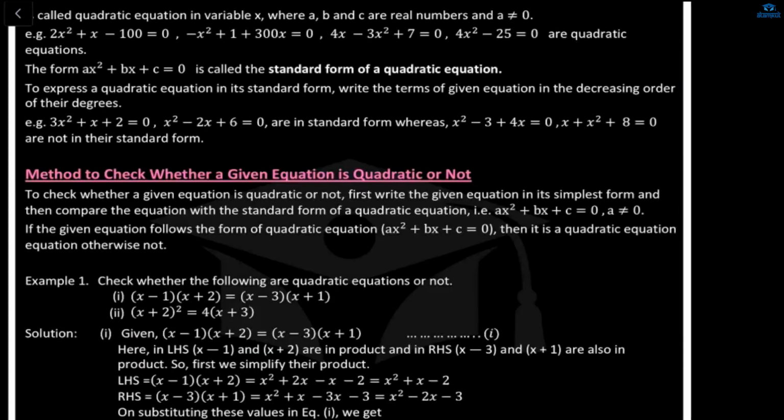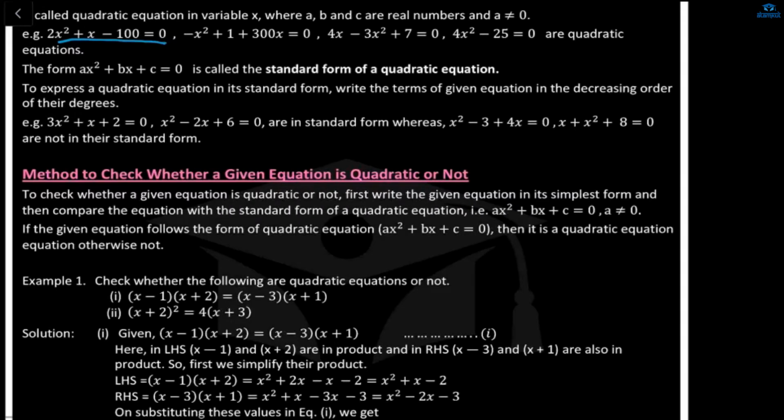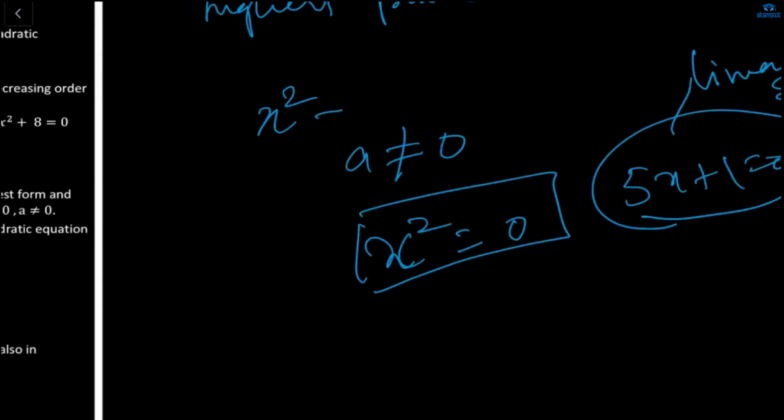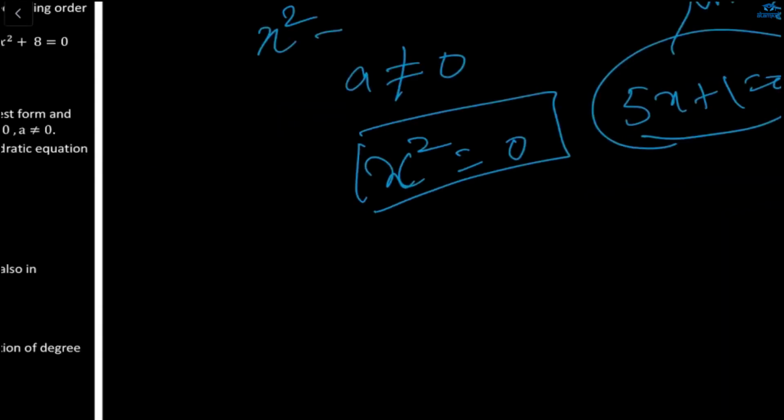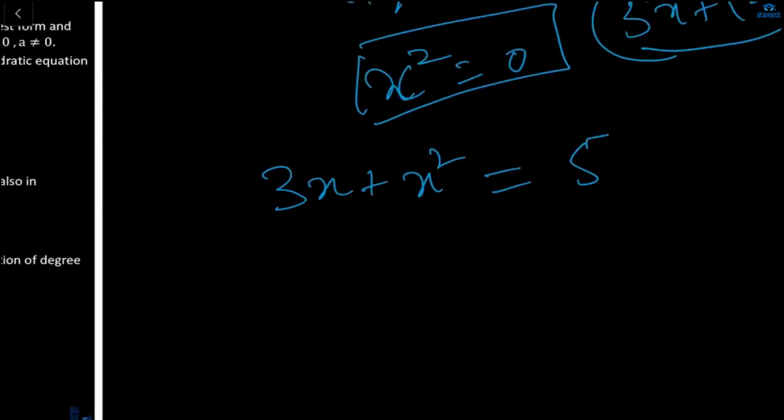Okay, so now some examples you can see here. Here I have written 2x square plus x minus 10 is equal to 0. Now whenever you're writing the quadratic equation, always arrange your variables. First the highest power you have to write. If it is written as 3x plus x square minus 5 is equal to 0, first arrange it.